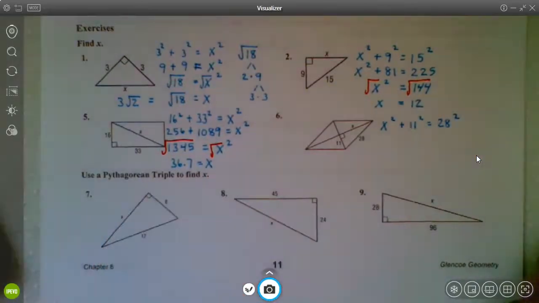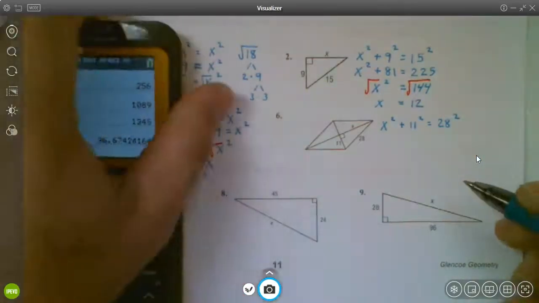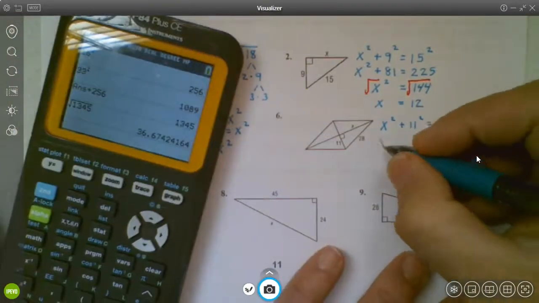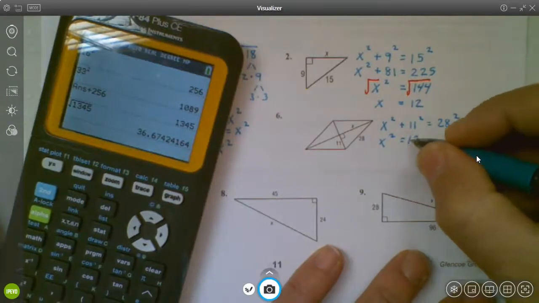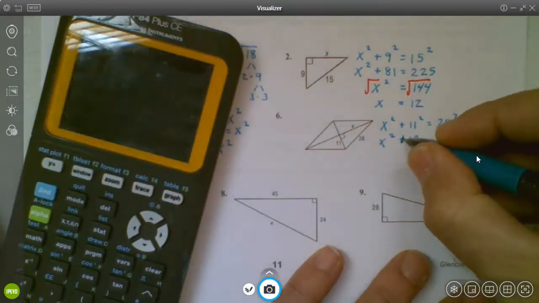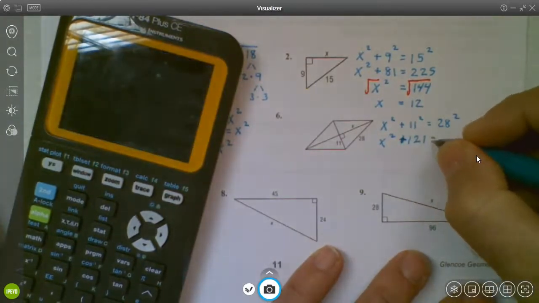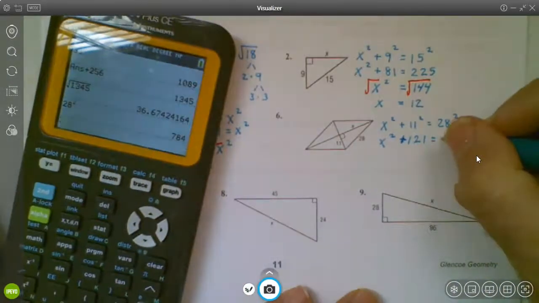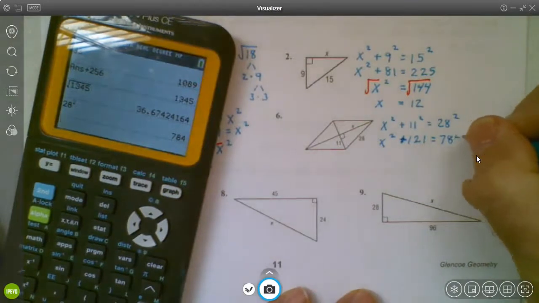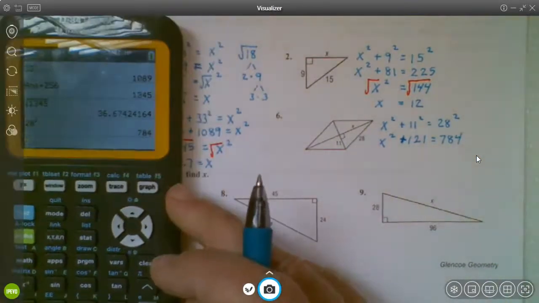And we're just going to clean that up, get x by itself. So I know 11 squared is 121. Let's see, 28 squared is going to be 784. Subtract 121 from both sides.